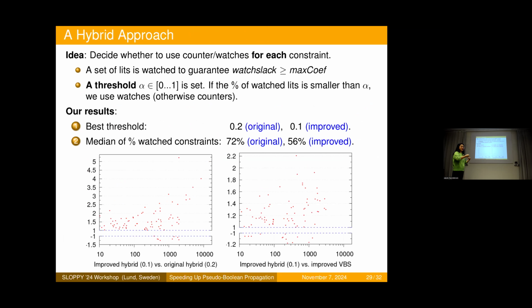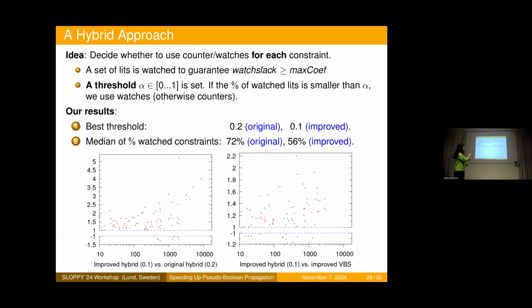We can find this smallest watch because the coefficients are in decreasing order. Then we can define a threshold between 0 and 1. If the percentage of these watches is smaller than the threshold, we can use watch for the constraint.